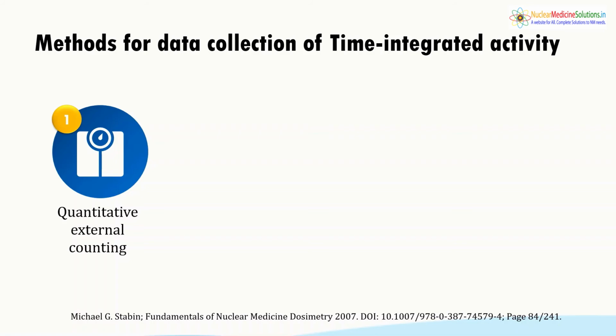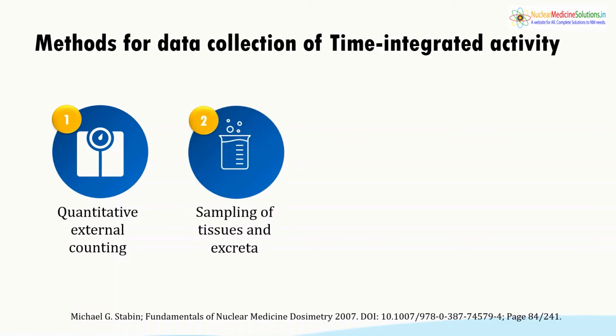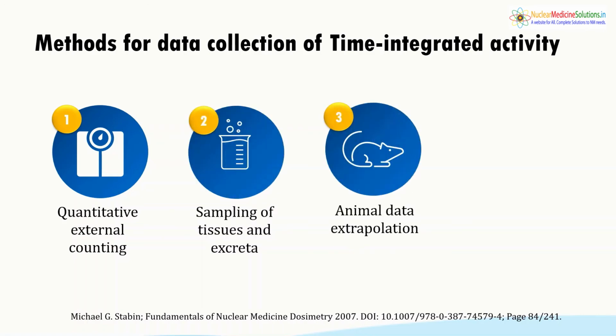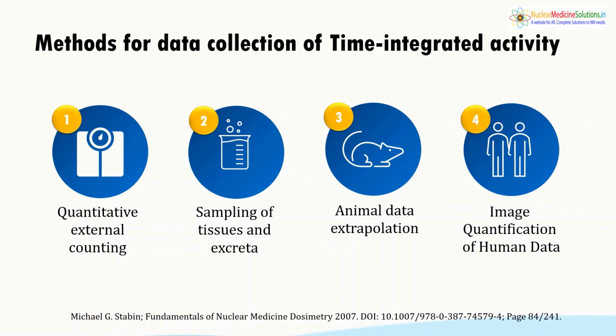There are a number of methods for data collection, like quantitative external counting, sampling of tissue and excreta, animal data extrapolation, and image quantification of human data. This is the most reliable and most widely used for data collection. Let us see what the different methods for image quantification can be.